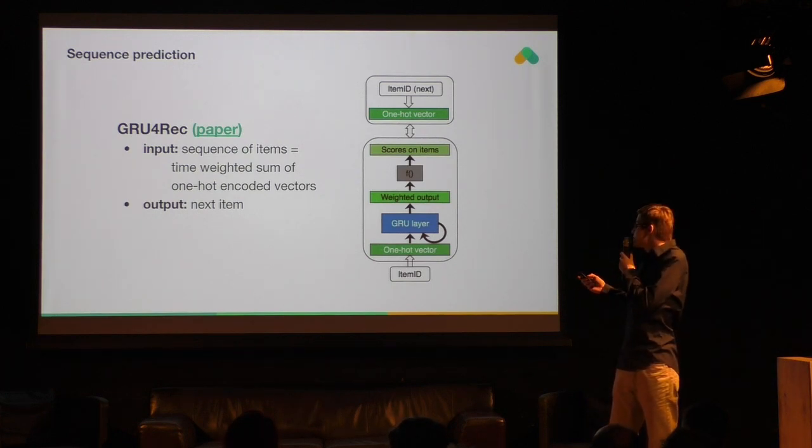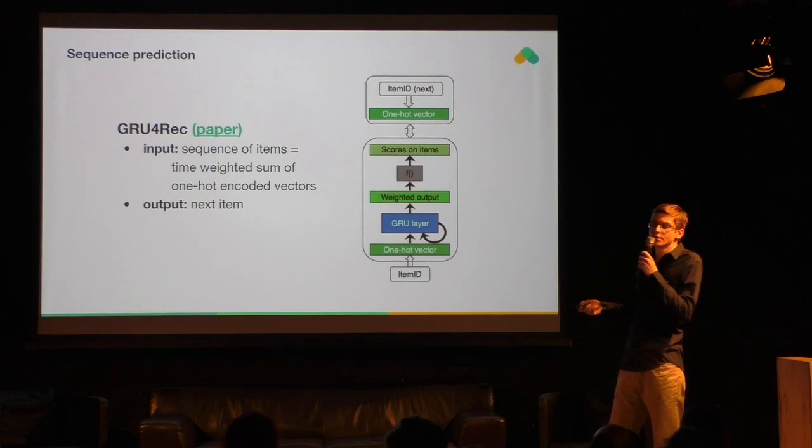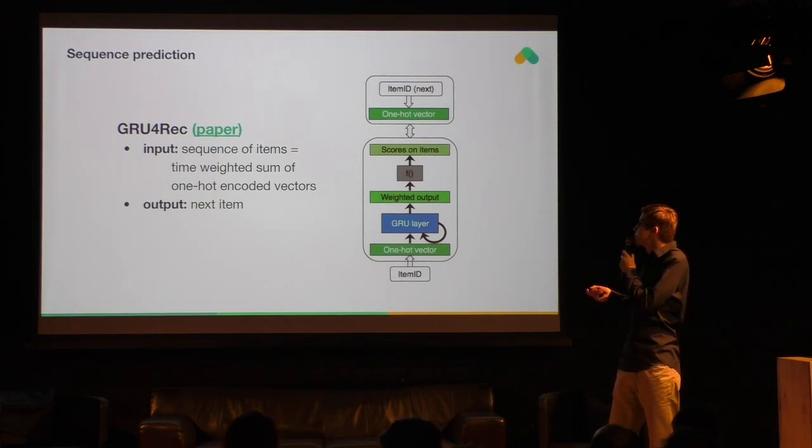So in this case, it's a paper that presents a recurrent neural network, which is used for processing sequences using gated recurrent units.